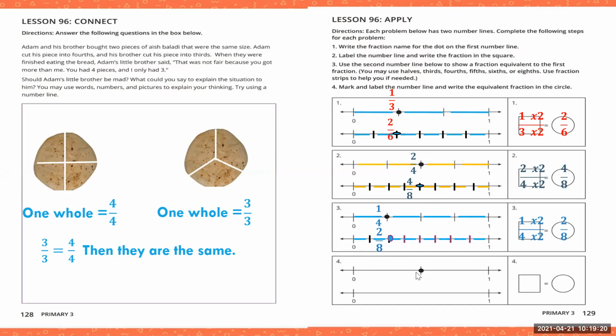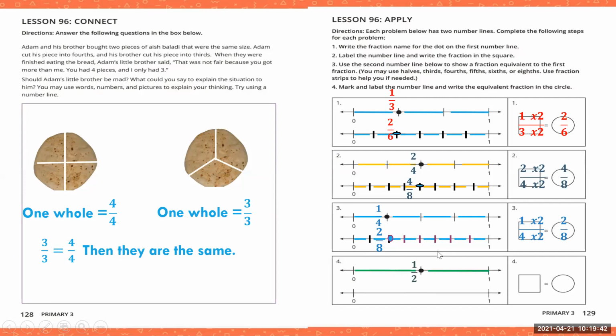Here we have the number line divided into 2 equal parts. 1 equal part to this equal part. So they are 2 equal parts. Okay? 2 equal parts, it means 0 over 2, 1 over 2, 2 over 2.